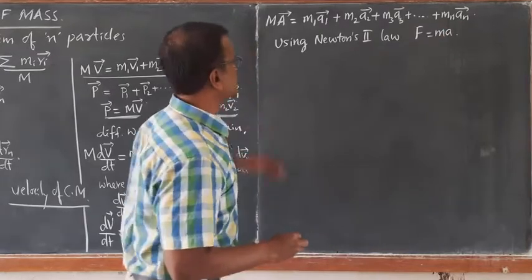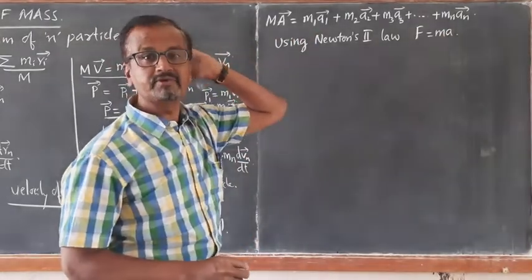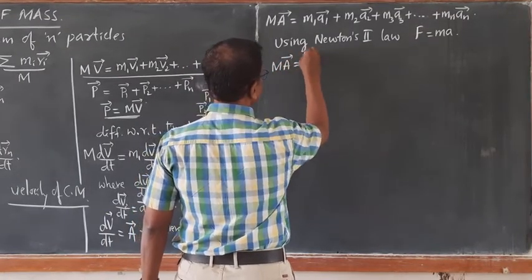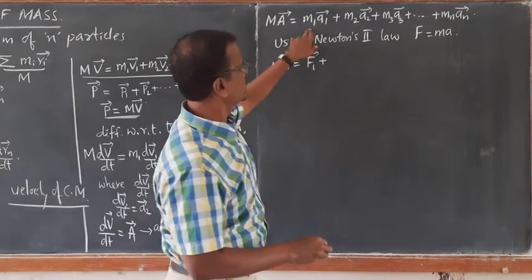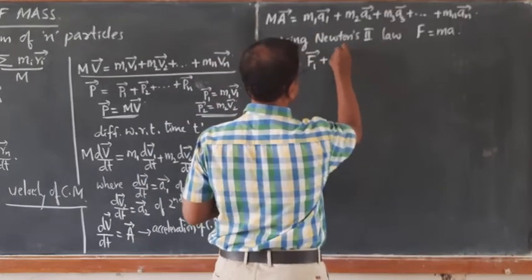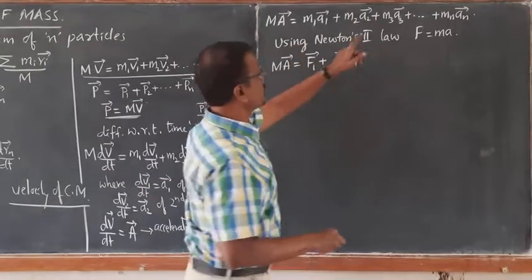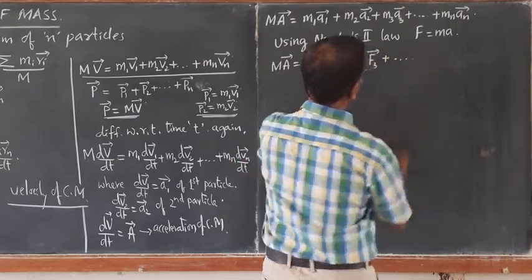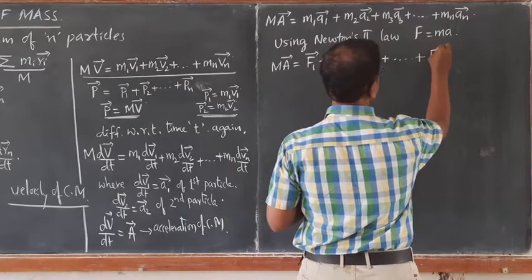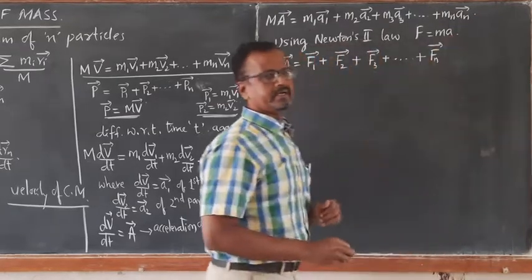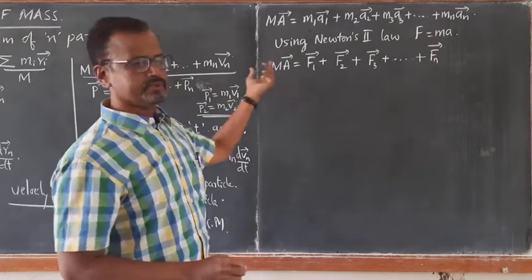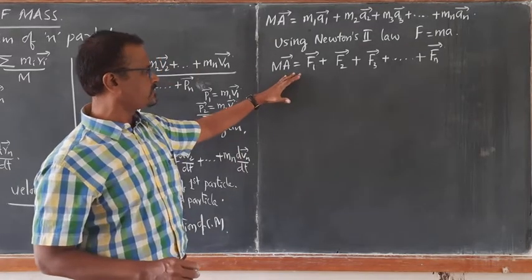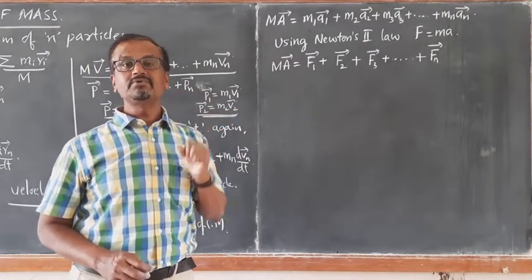So this implies if F1 is the force acting on first particle, so m into A vector I will write as force F1 for the first particle, force F2 vector acting on the second particle, force F3 vector acting on the third particle, so on up to force Fn vector acting on the nth particle. So the left hand side gives you force acting on the center of mass. So the force acting on the center of mass is going to be external force.